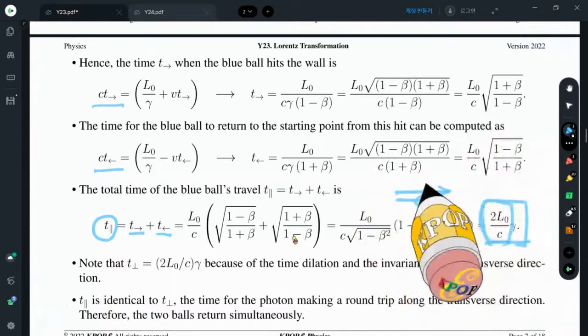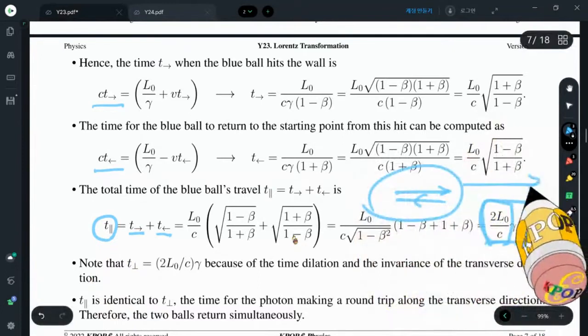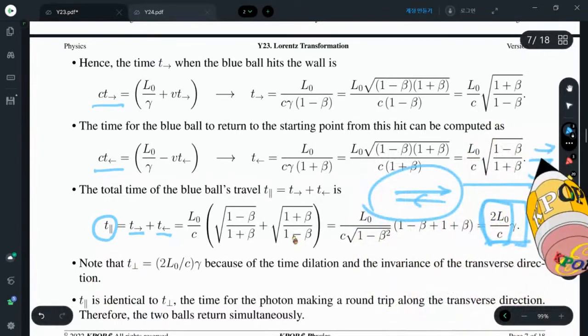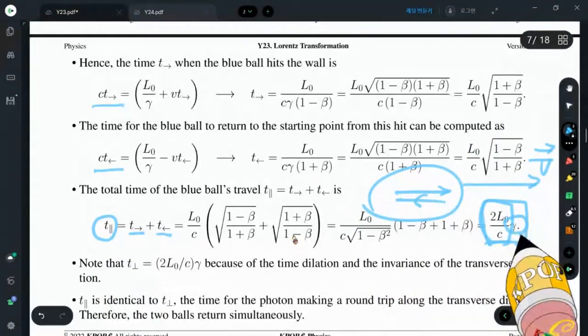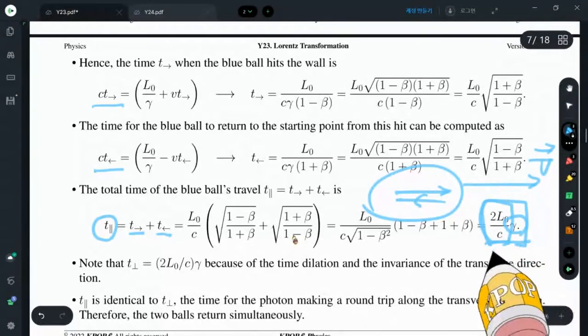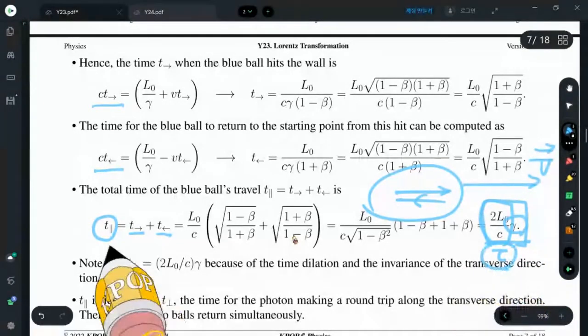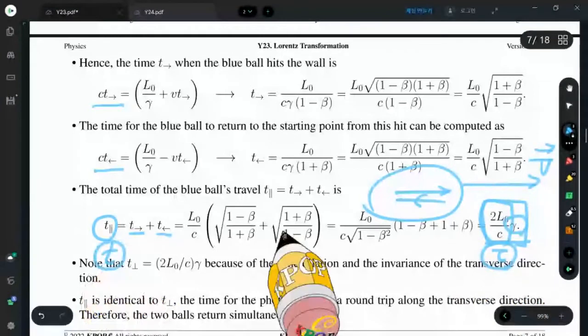However, this whole device is flying with the speed of velocity v. We have an additional factor that respects the time dilation. So is it something like tau and something like t?